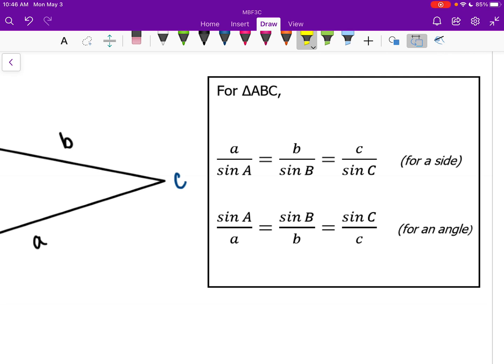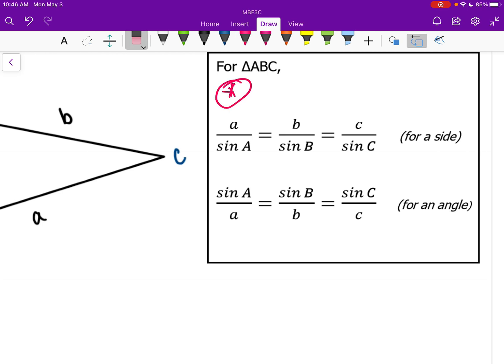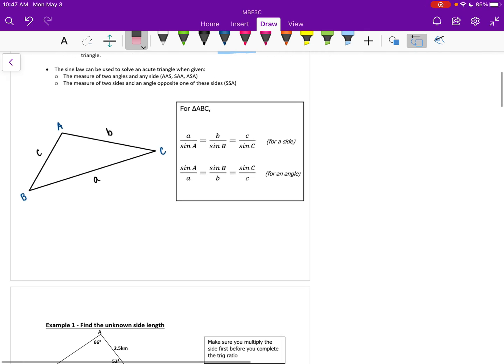This seems really complicated, but when you actually start to use sine law, it just logically makes sense because of the way that you're going to solve the equation. So again, I would write this into your reference sheet. Really important formulas.